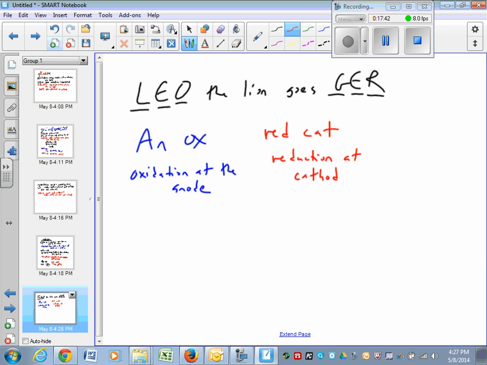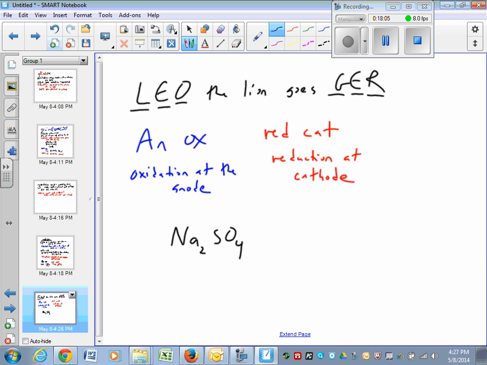And you need to be able to make sure that you can always put the charges on every element in a compound. And so I do want to do one practice with you on putting the charges, what we call formal charges, into a compound. So I am going to use sodium sulfate as my example.